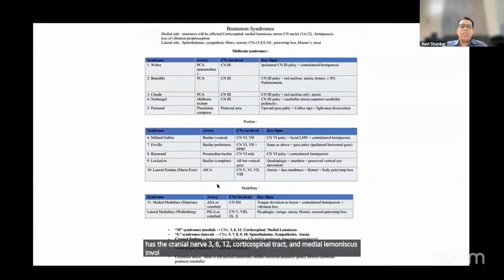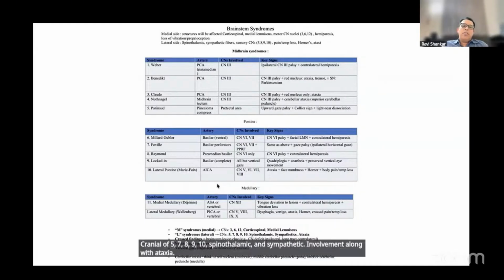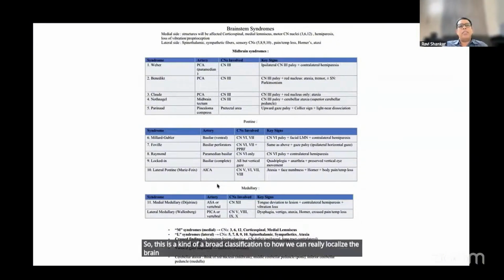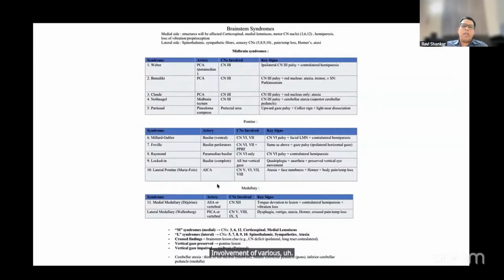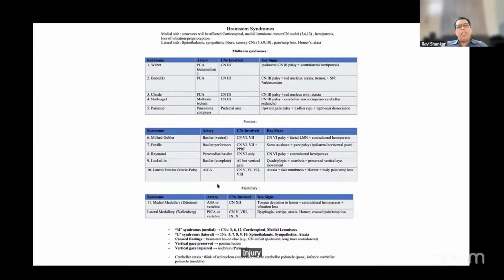The lateral syndromes, the L syndromes, involve cranial nerves 5, 7, 8, 9, 10, the spinothalamic tract and sympathetic pathway, along with ataxia. So this is a broad classification of how we can localize brainstem syndromes based on the involvement of various nuclei, fibers, and cranial nerves, and then localize the site of injury in the brainstem.